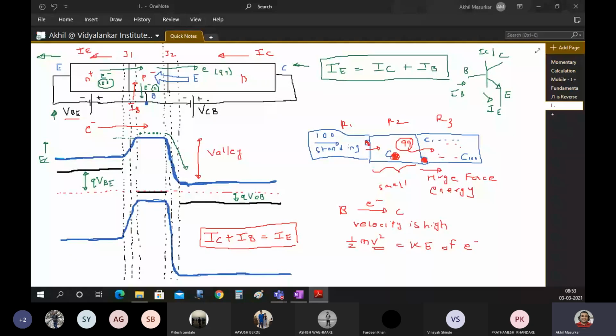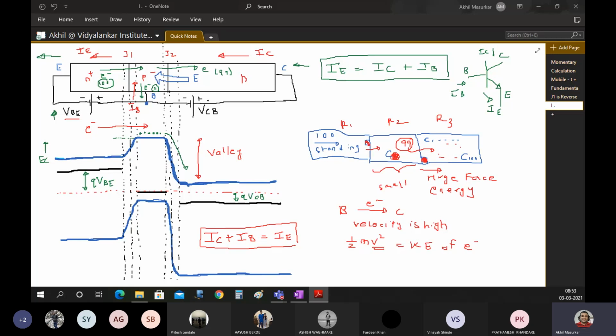So this is basically the case when it comes to the different currents in the device. Now we want to know certain ratios. What are these ratios? We came to know from this forward active region, where electrons are moving from emitter into the collector, that this region is called the forward active mode.